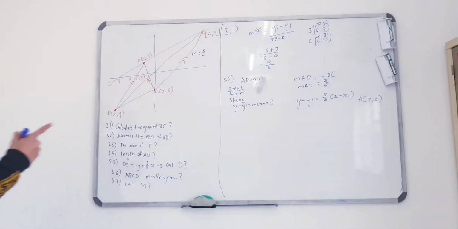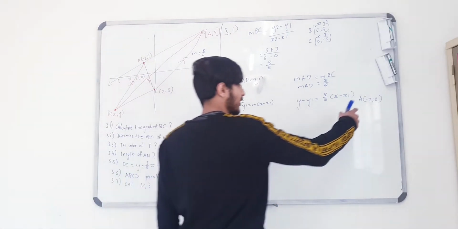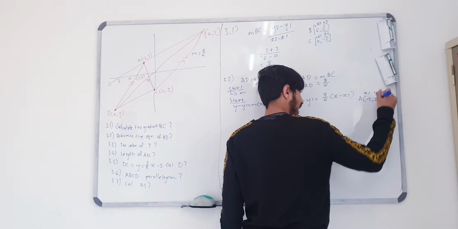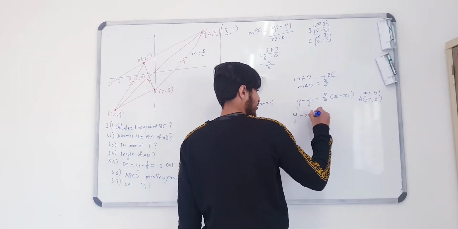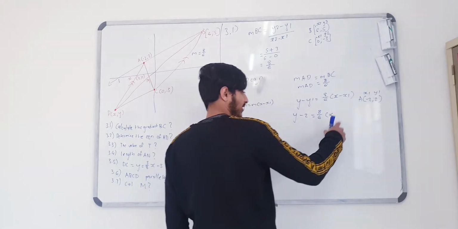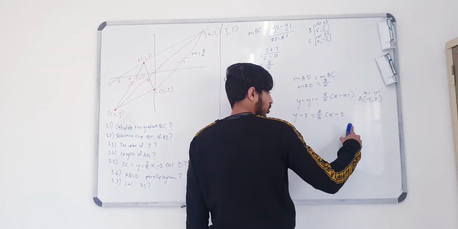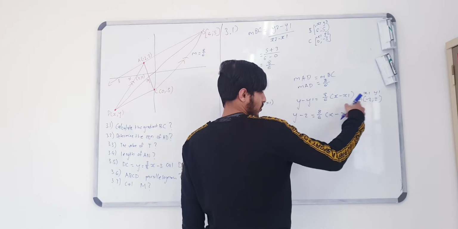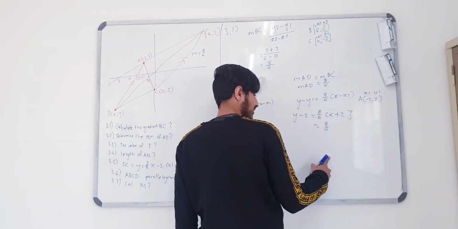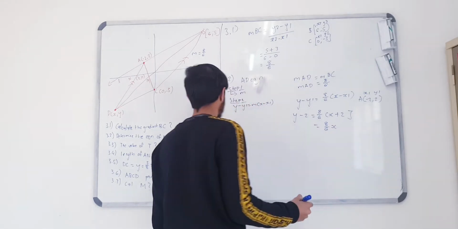So now that we know that A lies there, we can take it and sum it in. So we're going to call that x1 and y1. So it's going to be y minus 2 is equal to 8 over 6 into x minus 2, so minus 2 will become plus 2. So it's going to be 8 over 6 x.